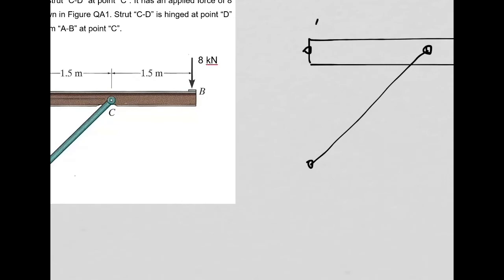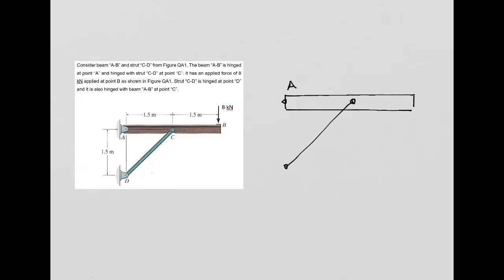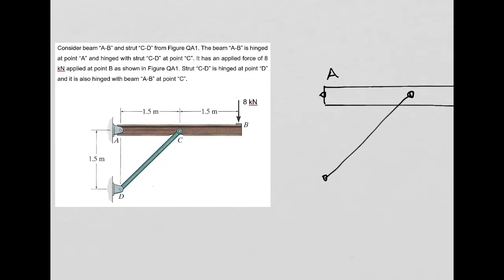So this is my point A, right? So I removed the support here. I removed this link or this connection there. So it means I need to include here my reactions at point A, which are AY and AX. Okay?